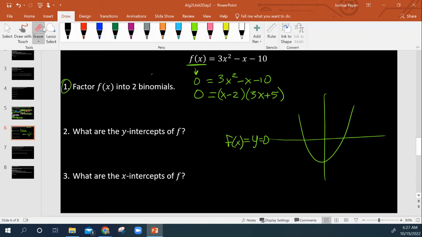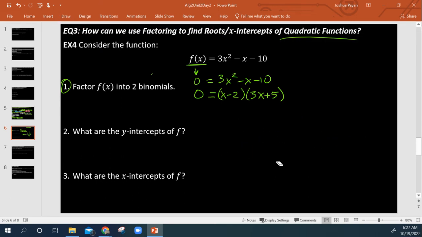So I want to know what values of x make this equal 0. Obviously, one solution happens at positive 2, and the other solution happens at negative 5 over 3.